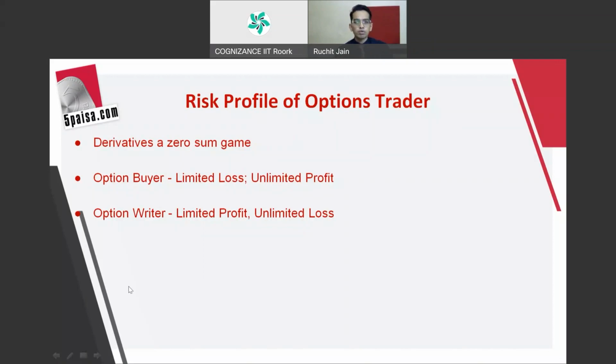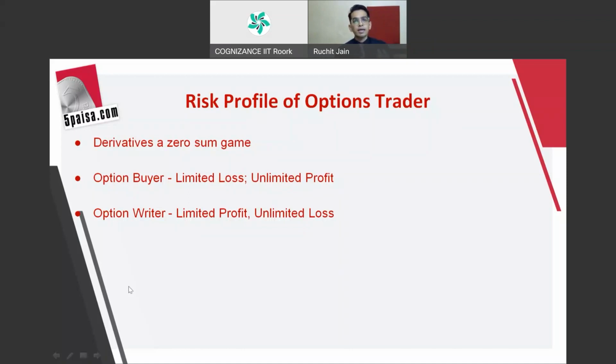That is the maximum loss of the option buyer. So the option buyer's loss is always limited, but there is no limit on his profit. He can make unlimited profit. What we have discussed is that derivatives is a zero-sum game. One party's profit is another party's loss.